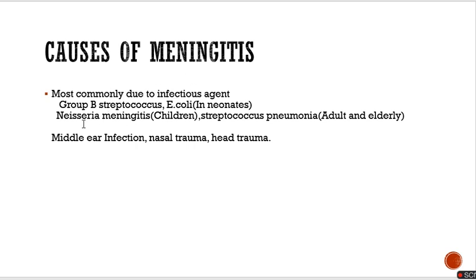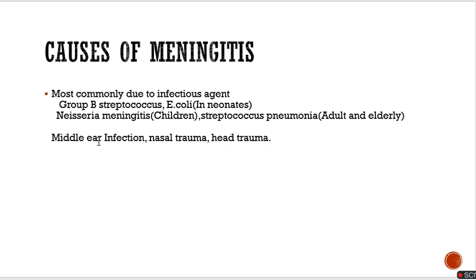Now I will talk about other causes, like if someone develops a middle ear infection, otitis media. What's the link between middle ear infection and the meninges? Because at the superior border of the middle ear there is a thin bone, so any infection present in the middle ear can easily travel through that bone into the meninges and cause infection.